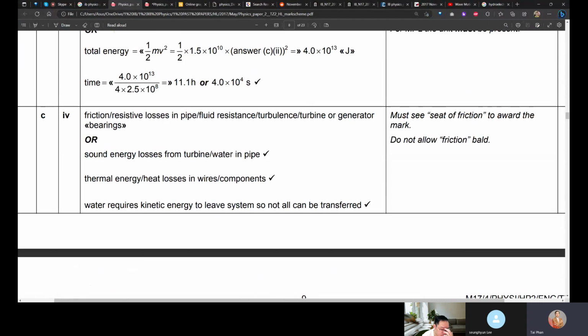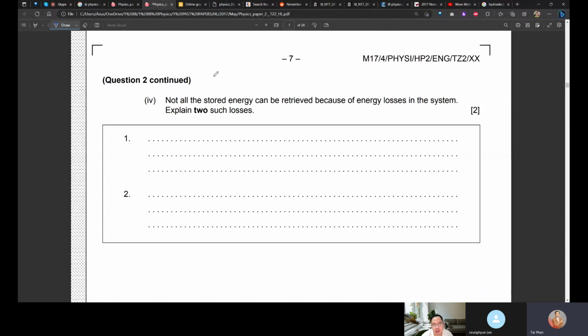Water requires kinetic energy to leave the system, so not all can be transferred. Anyway, the kinetic energy of the water after passing through the turbine is not zero. The water keeps flowing out of the turbine, so not 100% of the kinetic energy of the flowing water is converted to electricity. Okay, so those are the two reasons for the losses.